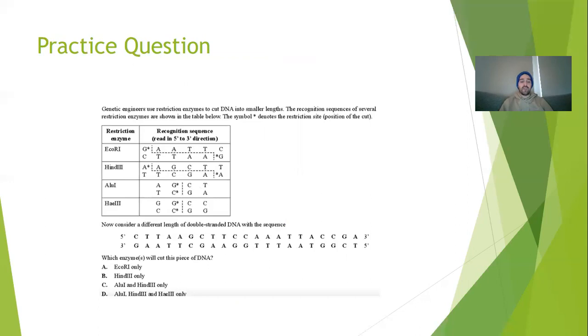Can you find the recognition site in the DNA strand they've given you? And will it make a cut, whether it be sticky or blunt? Sometimes you might get asked how many cuts are made by one restriction enzyme. A general skill you need to know for your exam is how to read recognition sites, how to identify where they are on a strand of DNA, and know how many cuts they make.